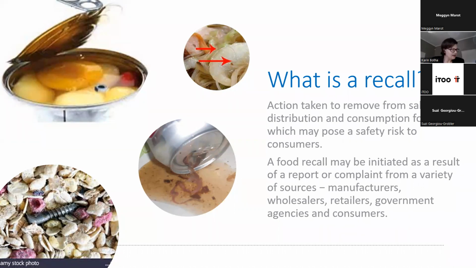It really is the action to remove from sale and distribution and consumption any foods that may pose a safety risk to consumers. So a food recall may be initiated as a result of a report or a complaint from a variety of sources. It can be anything from complaints in the markets, complaint from a consumer, complaint from wholesalers, agencies, or it can be a government issued recall.